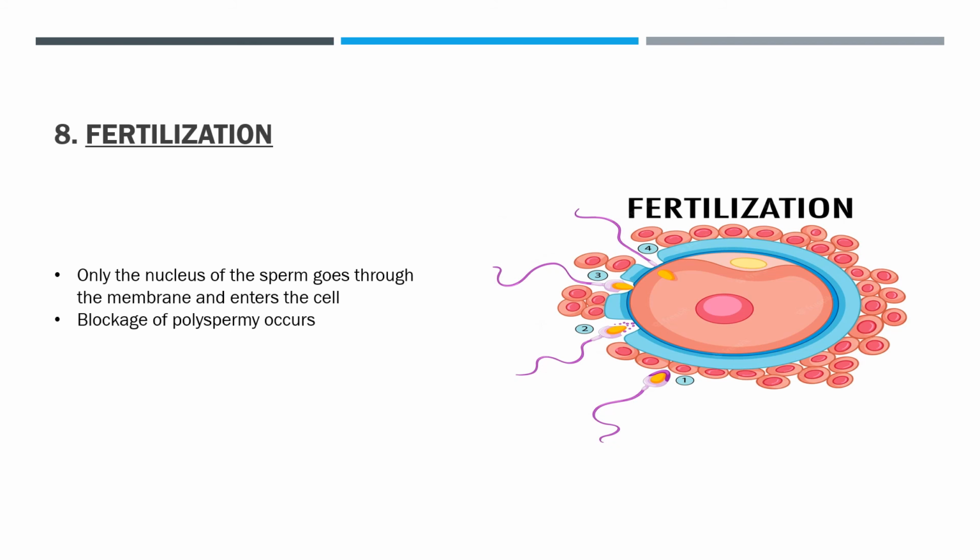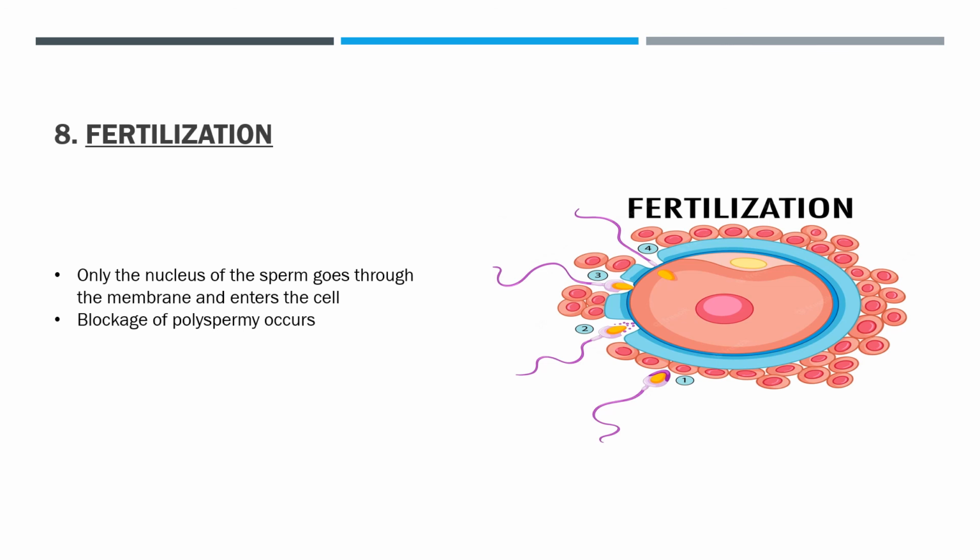Once this nucleus enters the cell, the egg will block what we call polyspermy, which is the entrance of more than one sperm in the egg. It does this by depolarizing its plasma membrane. Since we have a winner, the egg has to make sure that no other sperm cell enters the cell. So it depolarizes its plasma membrane.